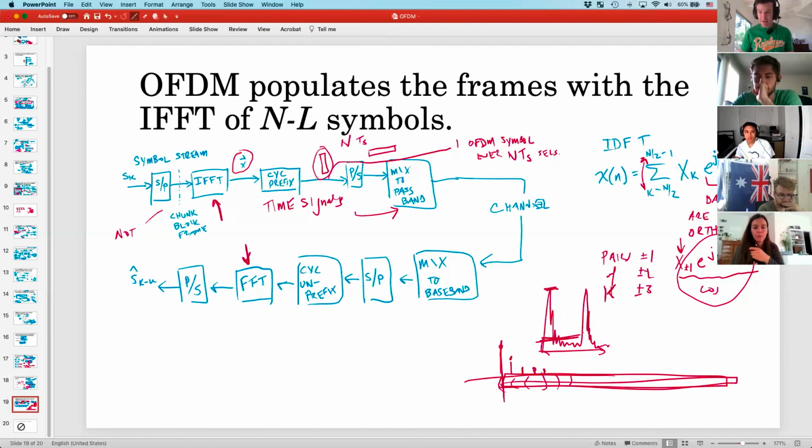But one of the bad things is that your FFT needs to be able to act on a frame length of however long you pick. And so the longer your frame is, the longer your FFT has to run, which means you're eventually going to run into constraints on physically computing that in time for the next data symbol to come through. But yeah, there are lots of motivations for why we would want to make n as big as possible.